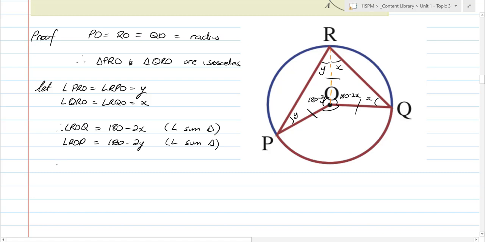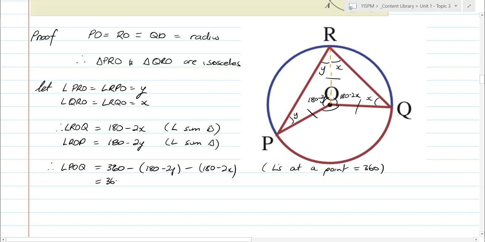And so we can work out angle POQ, which is the angle at the centre, is equal to 360, because this is angles at a point, minus the other two angles, 180 minus 2y minus 180 minus 2x. And I put this as angles at a point equal 360.